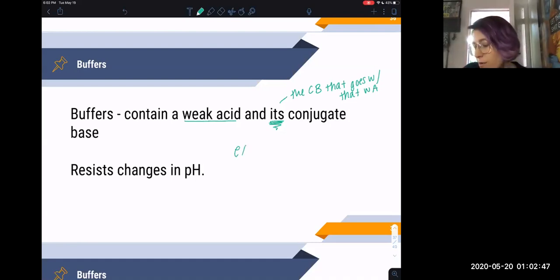So an example of a weak acid: what is the conjugate base for HF? What is the conjugate base for hydrofluoric acid? F what?